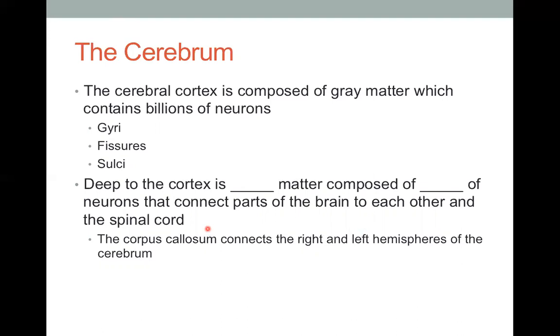So we have a right and a left hemisphere of our brain, and so the corpus callosum is the connection between the right and the left hemispheres of the cerebrum. It is separated into these right and left hemispheres by a longitudinal fissure, because it runs lengthwise, and that communication, we said, can happen by the corpus callosum, which is a bundle of transverse white fibers.